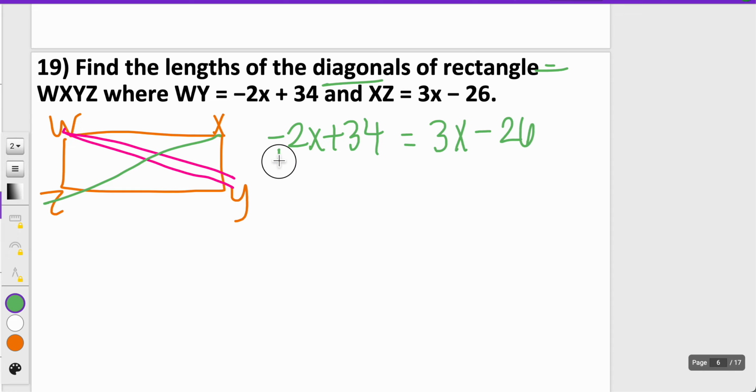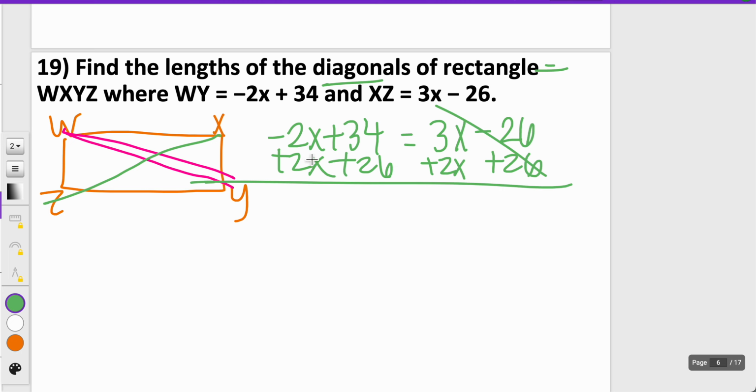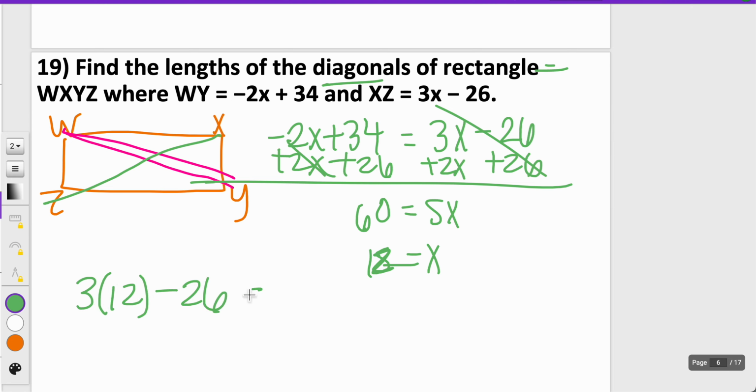I'm going to put all of my x's over here to the right and all my constants to the left. I'm going to get 60 equals 5x, so x is equal to 12. Plug it right back into one of those. I'm going to use 3 times 12, which is 36, minus 26 gives me 10.